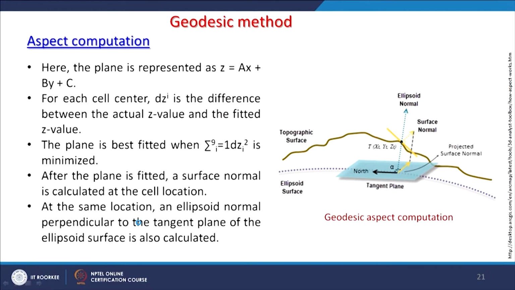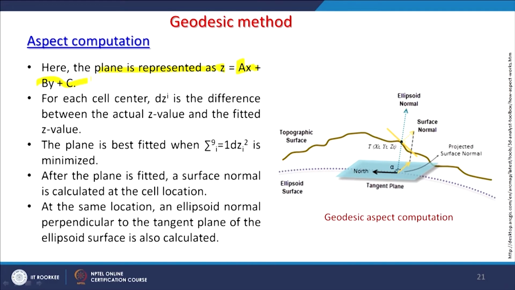So, in this calculation, the plane is represented as z equals ax plus by plus c, and for each cell dzi is the difference between the actual z value and the fitted z value, because here we are taking an ellipsoid.